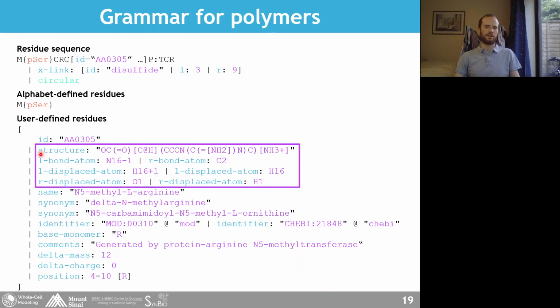Most importantly, they need to describe the structure with the SMILES string. They need to describe a left-bond atom, a right-bond atom, and several displaced atoms. To ensure backwards compatibility with FASTA, you also need to specify a base monomer. And if you are unsure due to experimental limitations, say about the mass of a residue, you can also describe that.